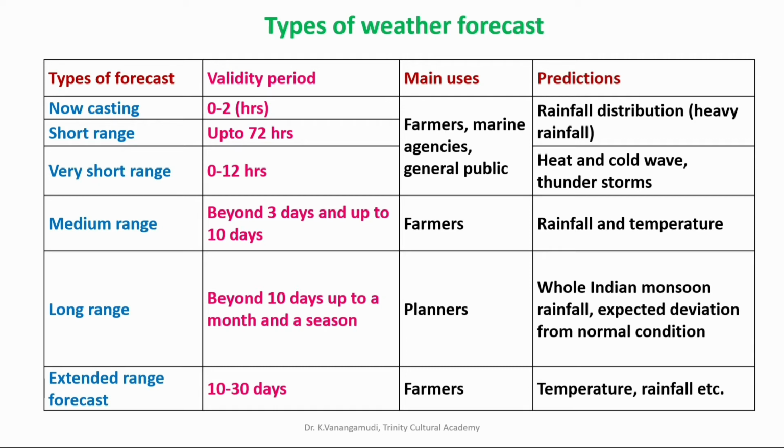Most useful for planners in this forecast, monsoon rainfall for whole India with expected deviation from a normal rainfall is reported. Deviation may be excess or deficient rainfall. Sixth one is extended range of forecast, which is highly useful for farmers, in which temperature and rainfall is forecasted for 10 to 30 days.